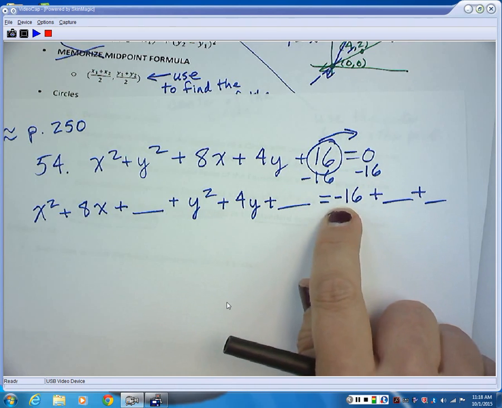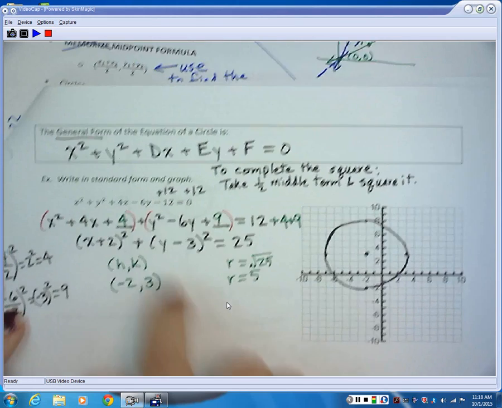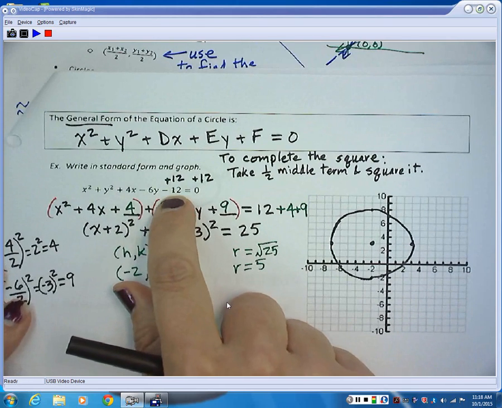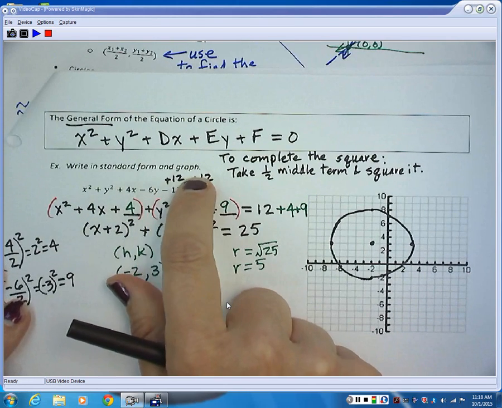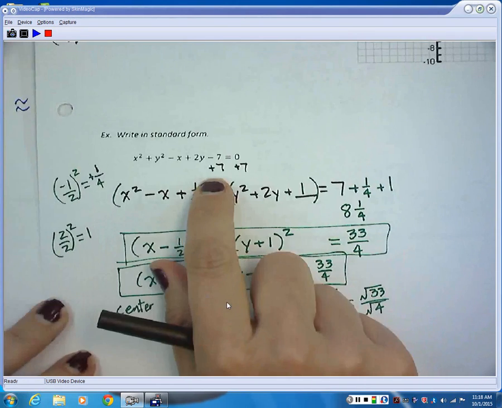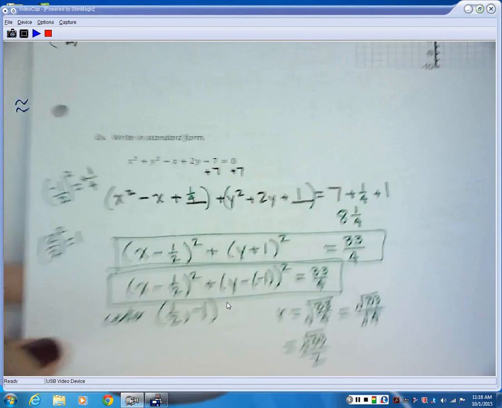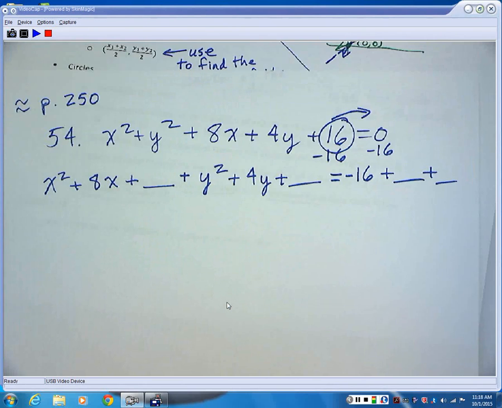So that's why it's negative there. In the notes, I had a negative 12 here, so when I moved it to the other side, it got to be positive. Okay, that's why I added it. Good question though, because in my notes examples, I didn't have a plus sign.